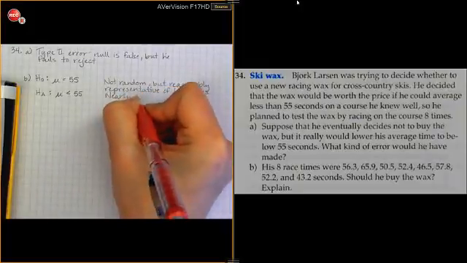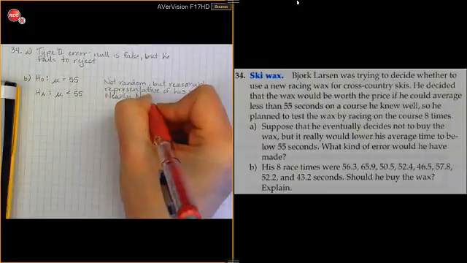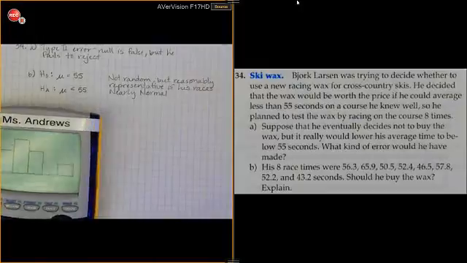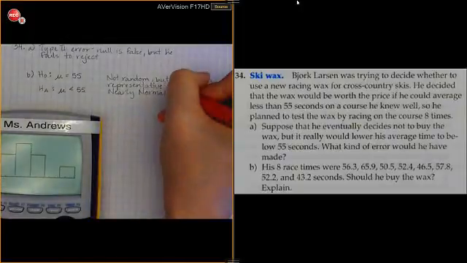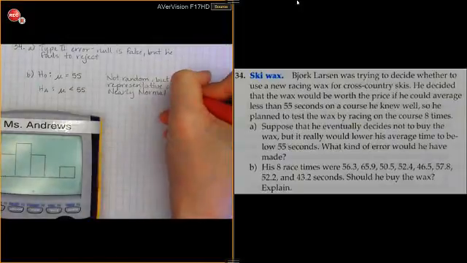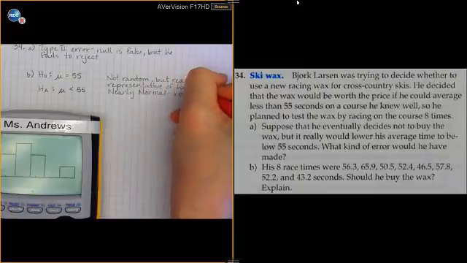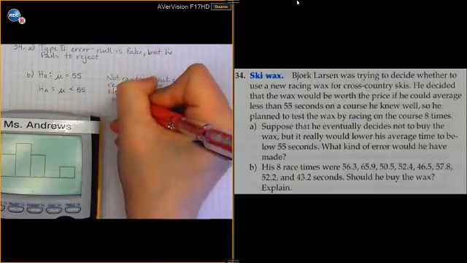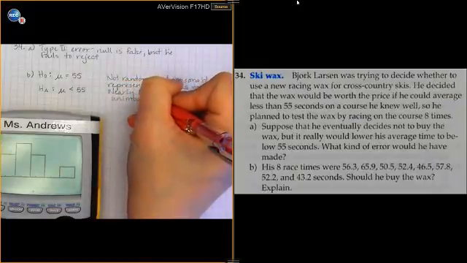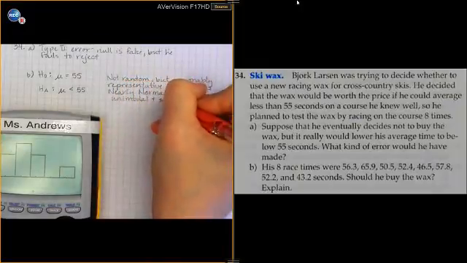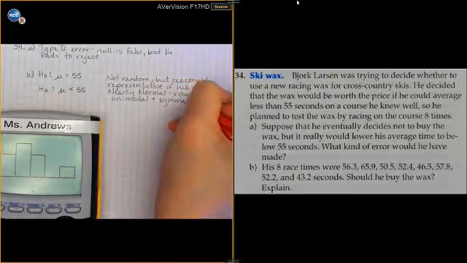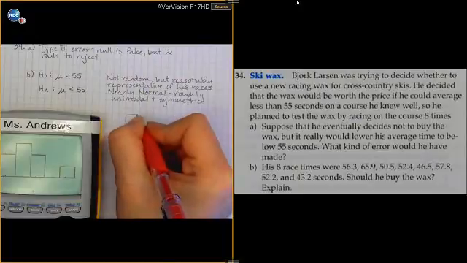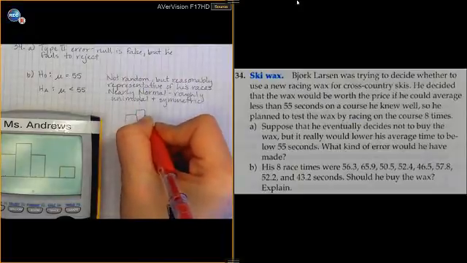So, based on this, we can proceed with the one sample t-test. And this would be with 7 degrees of freedom, because that's 1 fewer than our sample size. Not totally necessary to put that there, by the way.